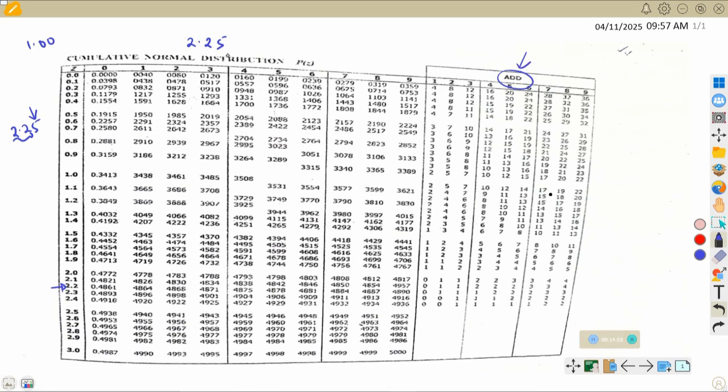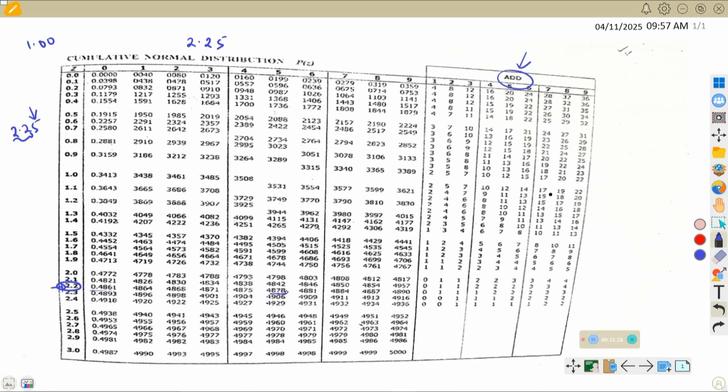So we need 2.25. We shall first of all get 2.2. Then after getting 2.2, we shall come where there is a 5, in that line that corresponds to 2.2. This line here, where we have a 5. A 5 is at this given point. So this will be 2.25. That is 4878.